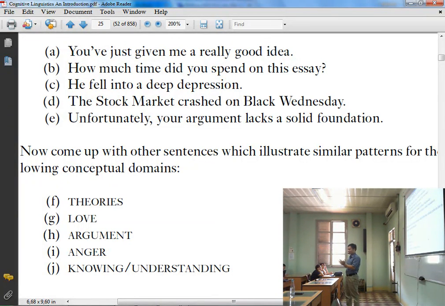With that conceptualization, it can be passed, something like he passed me his ideas. We can say the same thing: he gave me his ideas. So that's for A. Idea is a concrete object.